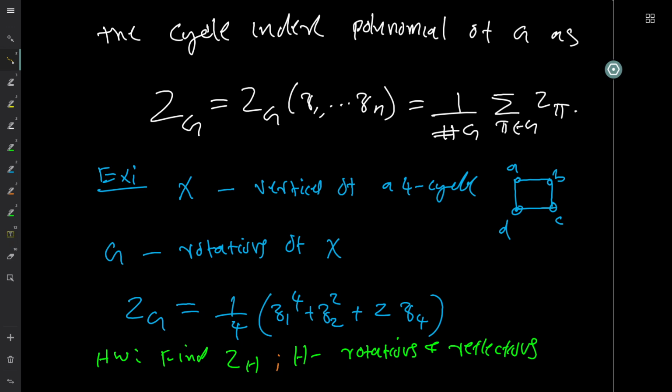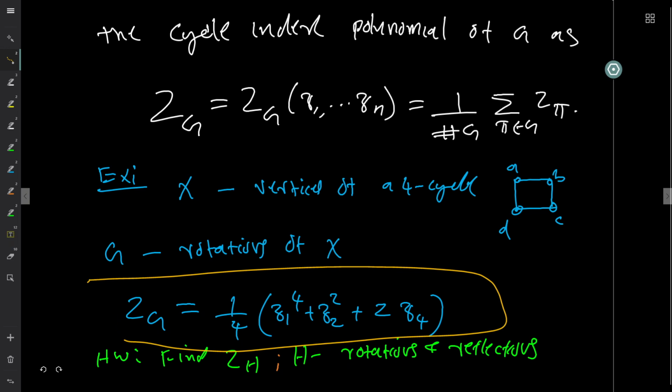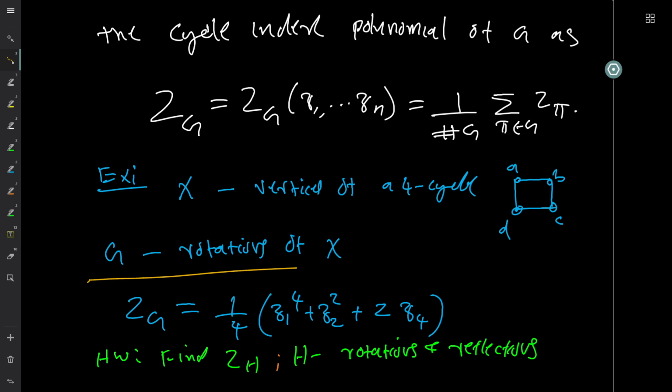Then z2 raised to 2, because the square of the generator gives two cycles of length 2. And then 2 times z4, because the generator and its inverse are 4-cycles, and there are 2 of them. So this cycle index polynomial is 1 by 4 into (z1 raised to 4 plus z2 squared plus 2 z4).